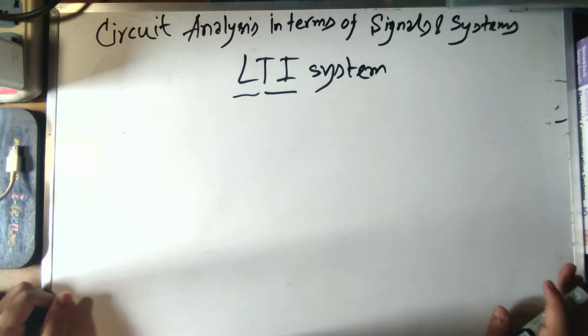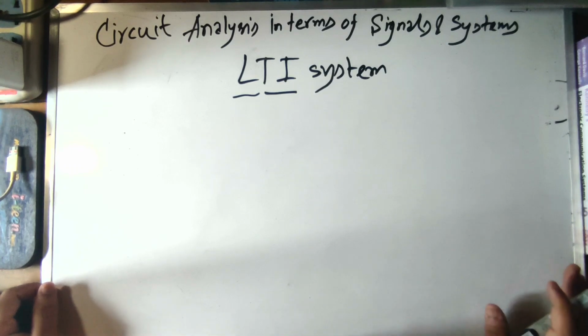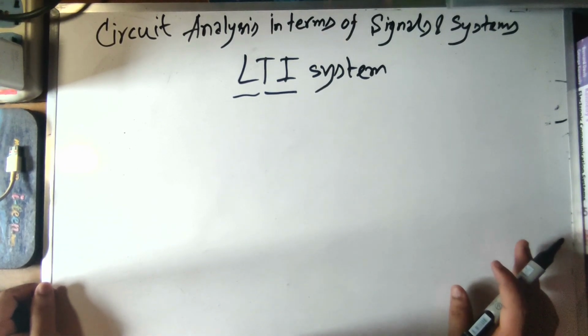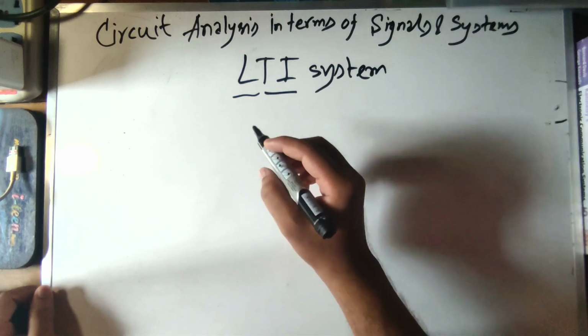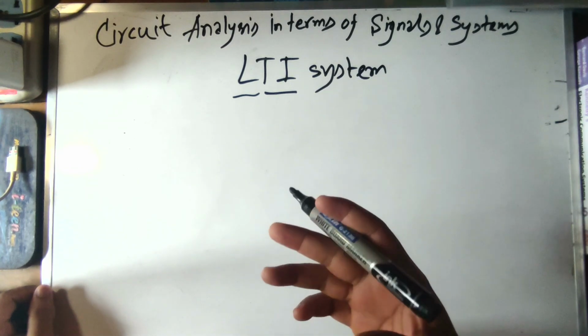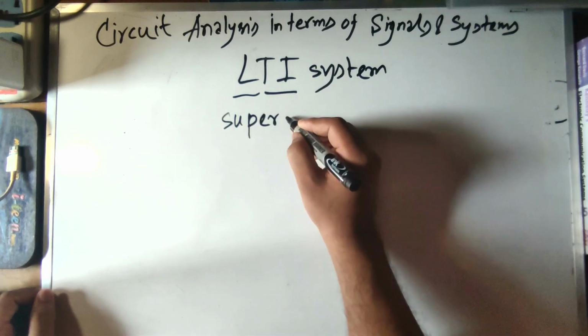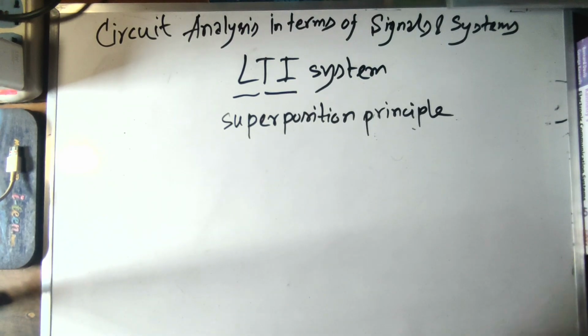LTI systems help us solve different kinds of circuit problems in electrical engineering. LTI systems specifically follow the superposition principle, which is one of the most important principles in circuit analysis.